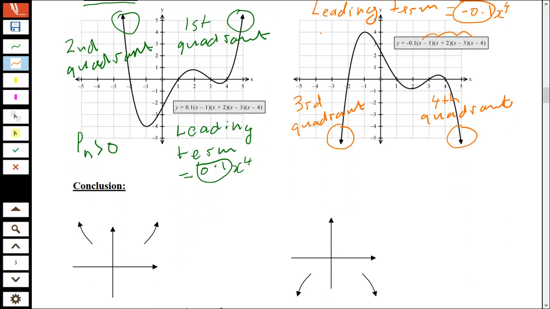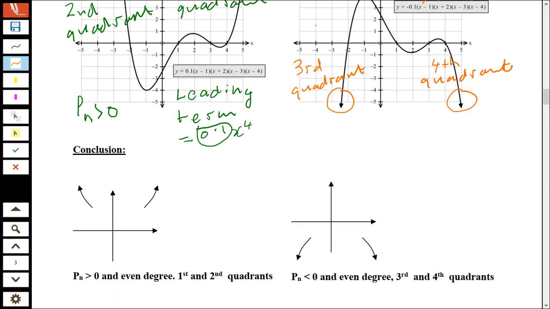Well, if you've got even degree and the leading coefficient is positive, so even degree and positive, then it's going to be in the first and the second quadrant. In fact, it begins in the second and finishes in the first.